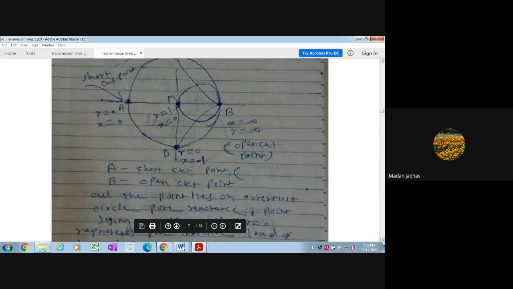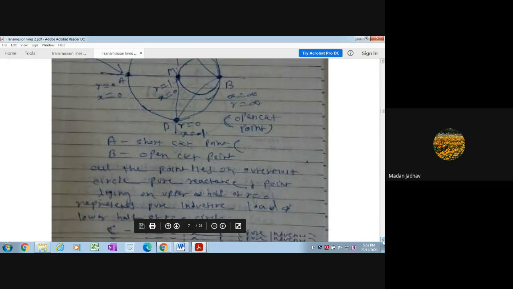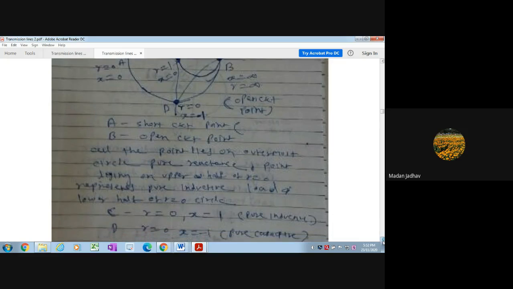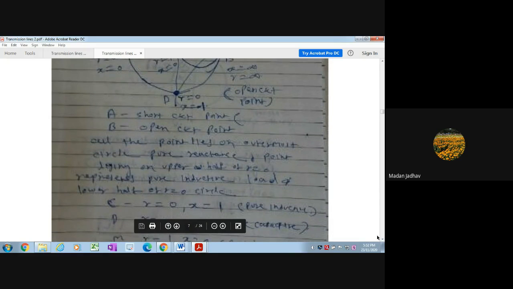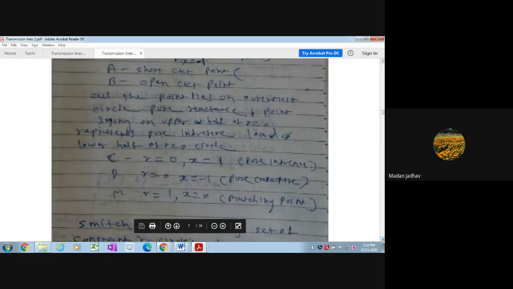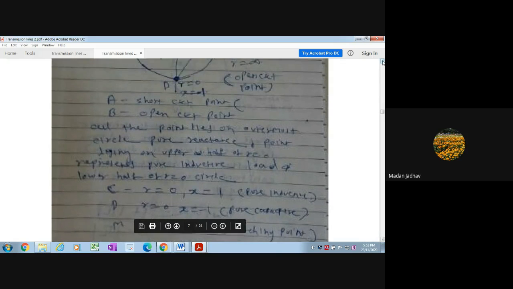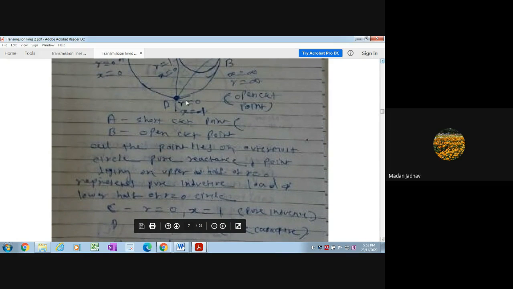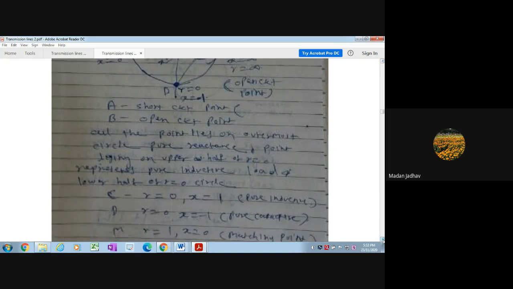Two types of circles are available. The point C is the pure inductance point, and the location is R is equal to 0 and X is equal to 1. And the point D, in the lower section, is here, where R is equal to 0 and X is equal to -1.